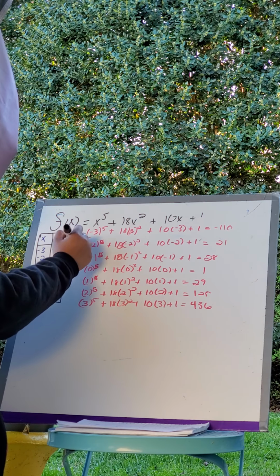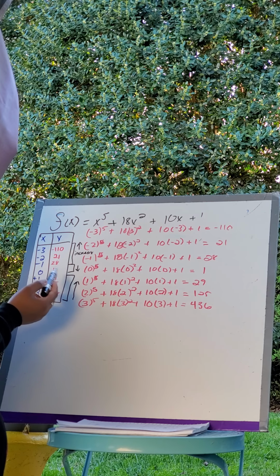I'm going to draw an arrow down because I don't have enough space to write decreasing. And then from here to here, we're increasing again. So from this section, we're increasing. That section, we're decreasing. And this section, we're increasing again. So from 1 to 3, we have an increase. At 0, we're decreasing. And then from -3 to -1, we're increasing again.